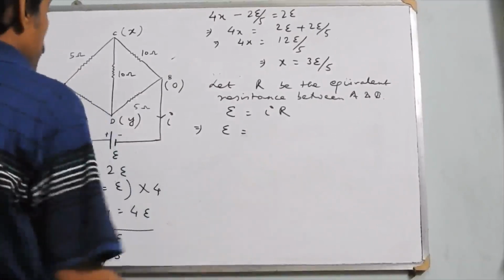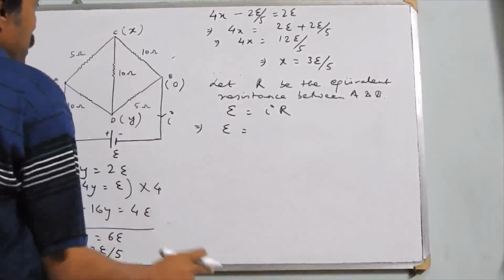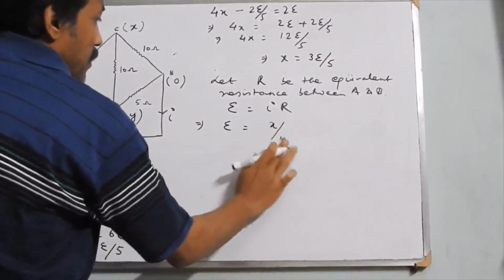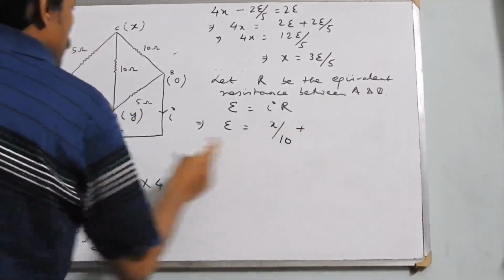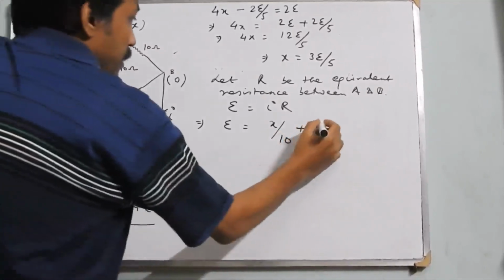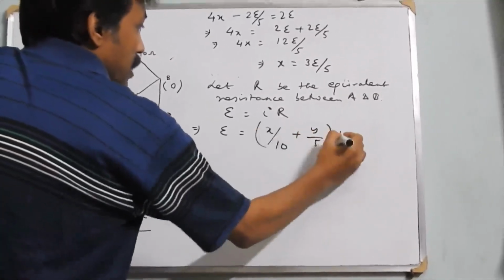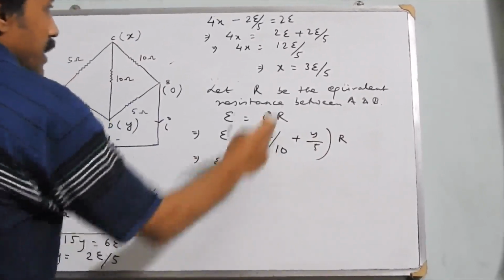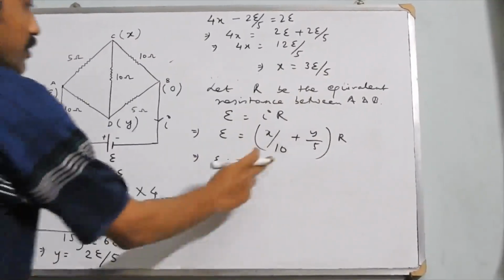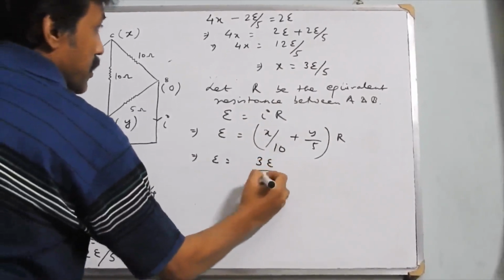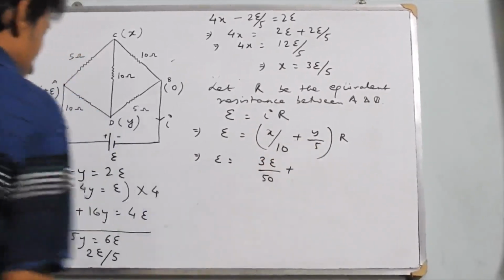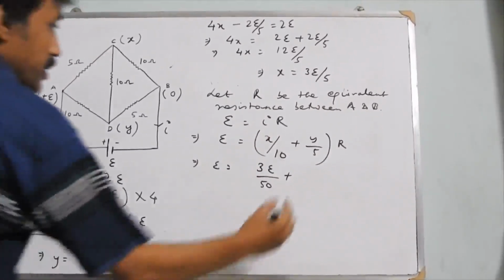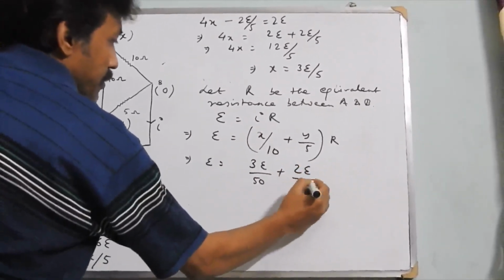So instead of I, let me use (x minus 0) by 10, that is x by 10, plus (y minus 0) by 5, that is y by 5, into R. So epsilon is equal to that. x is 3 epsilon by 5. When we divide it by 10, this becomes 3 epsilon by 50 plus y by 5. y is 2 epsilon by 5. y by 5 means it will be 2 epsilon by 25.